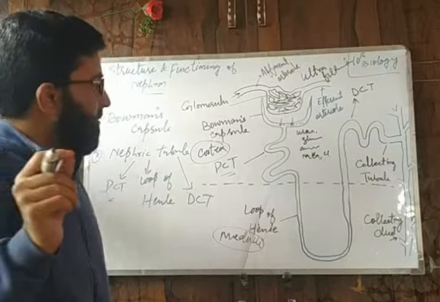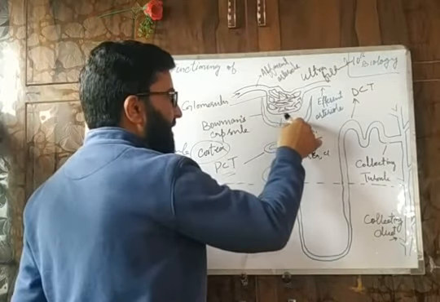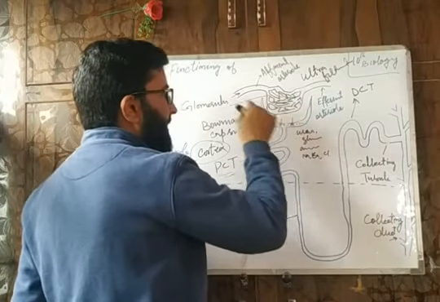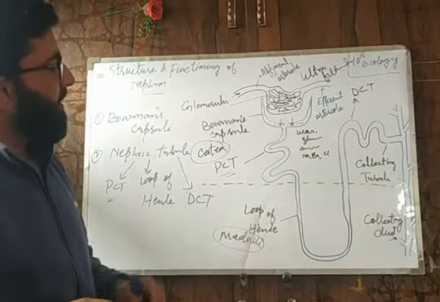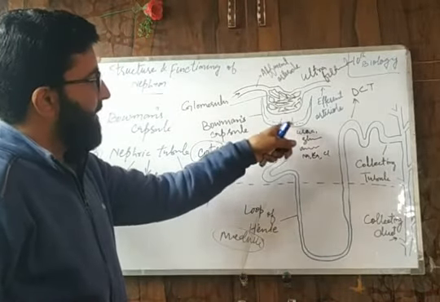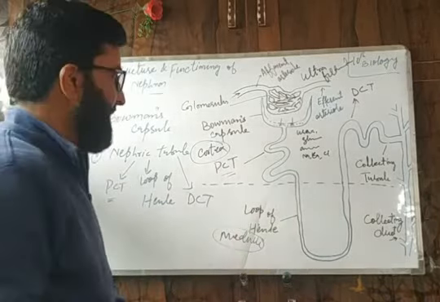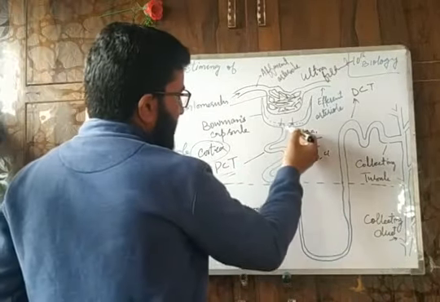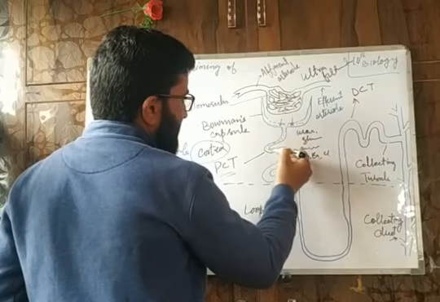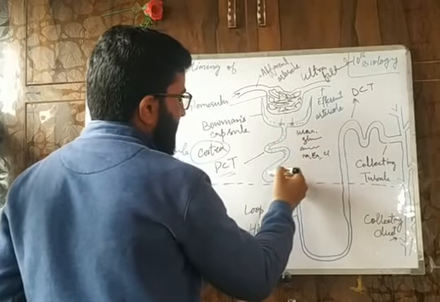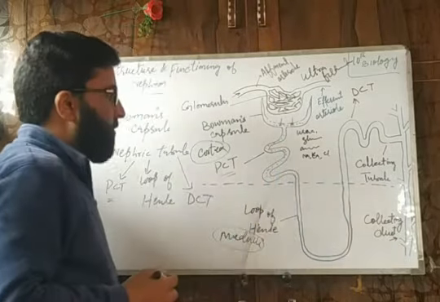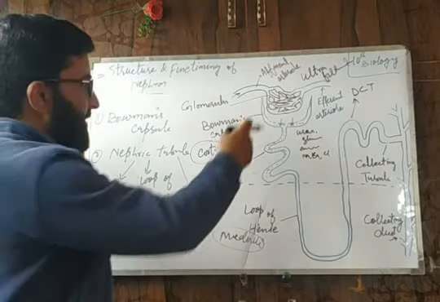This Bowman's capsule has small pores which are called slit pores. When this filtrate that is formed enters into the Bowman's capsule, it's called glomerular filtrate. Now, this will move into the PCT.